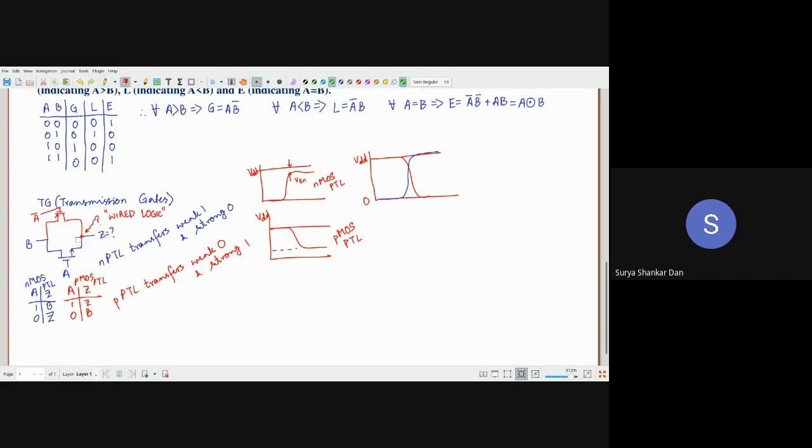Okay, so in a sense, you are always going to have a rail-to-rail operation. Again, finally, even though you are using two pass transistor logic, individually pass transistor logics are not going to be very strong, I mean, logic family per se. But when you are making a parallel combination of these two in transmission gate, you are going to have a perfect rail-to-rail operation.